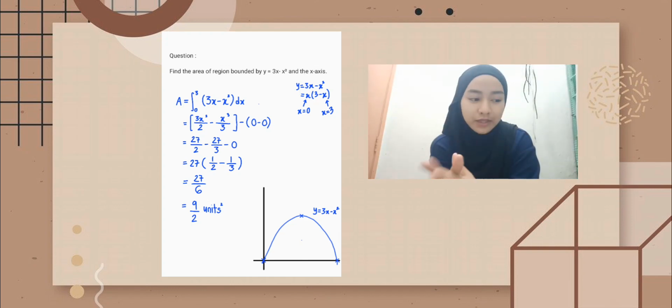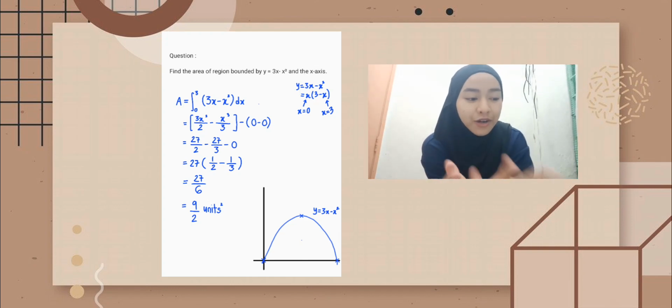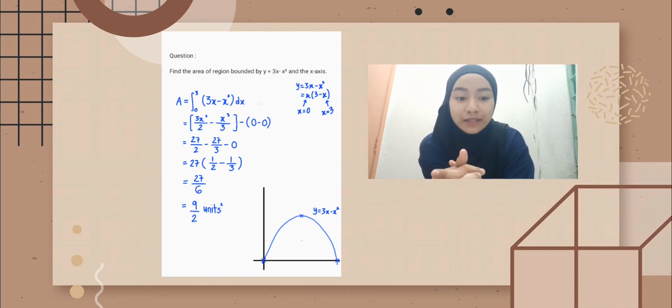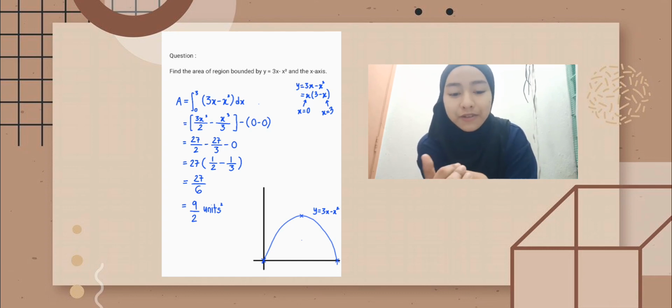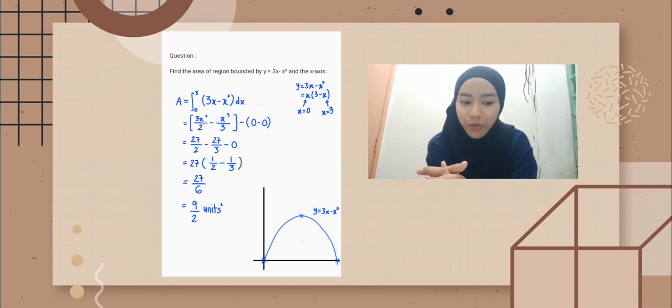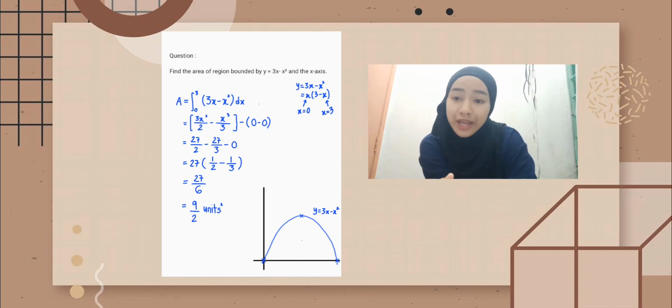And the question is, find the area of the region bounded by y equals 3x minus x squared and the x-axis. Okay, first, have a look at this function: 3x minus x squared. We factorise to x times the bracket 3 minus x.